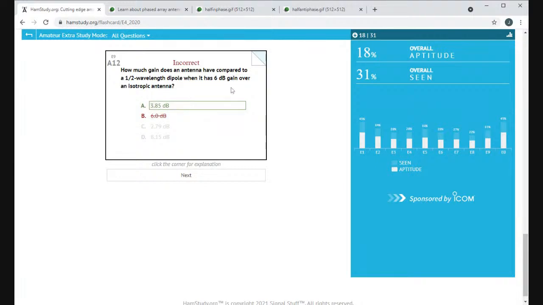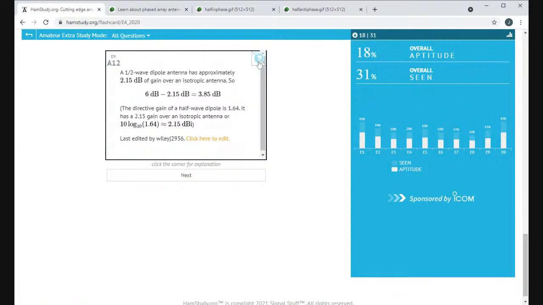The answer is A, 6.85 dB. Okay, so one thing you're just going to need to remember is half wavelength dipole is approximately 2.15 dB gain over an isotropic antenna.